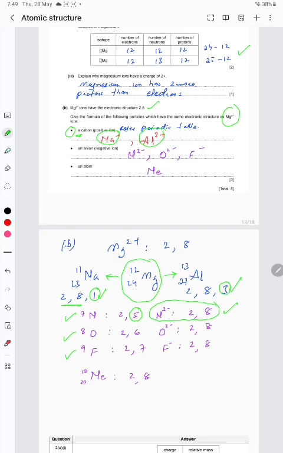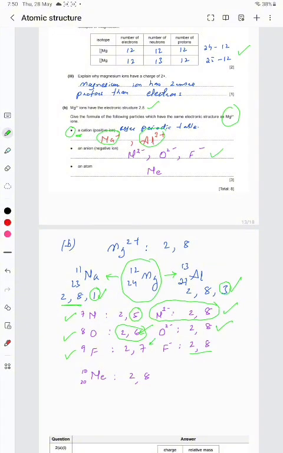So this is the electronic configuration, which is the same as given in the question. Follow oxygen, it has electronic configuration of 2,6, but if you add 2 more electrons to get stable structure, it forms O2- ion. This is the electronic configuration. Fluorine has 7 electrons in the outermost shell, but if you draw the structure of F- ion, the 1 electron is added to attain a stable structure, 2,8. So these are the choices, N3-, O2-, F-, but again you have to write 1, and these are the 3 possible.